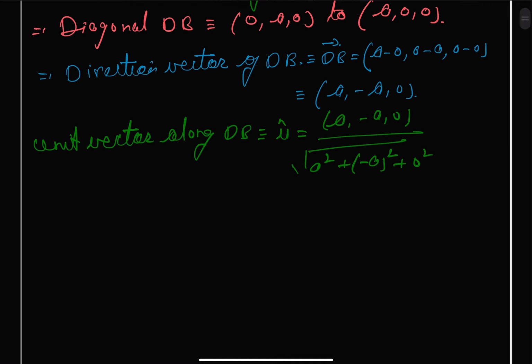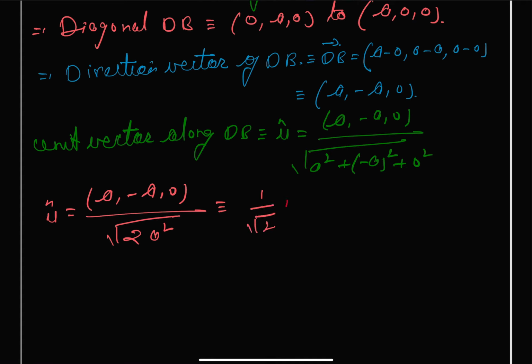Therefore the unit vector will be a, minus a, 0 divided by the square root of 2a square, which can be written as 1 upon square root of 2, minus 1 upon square root of 2, 0.